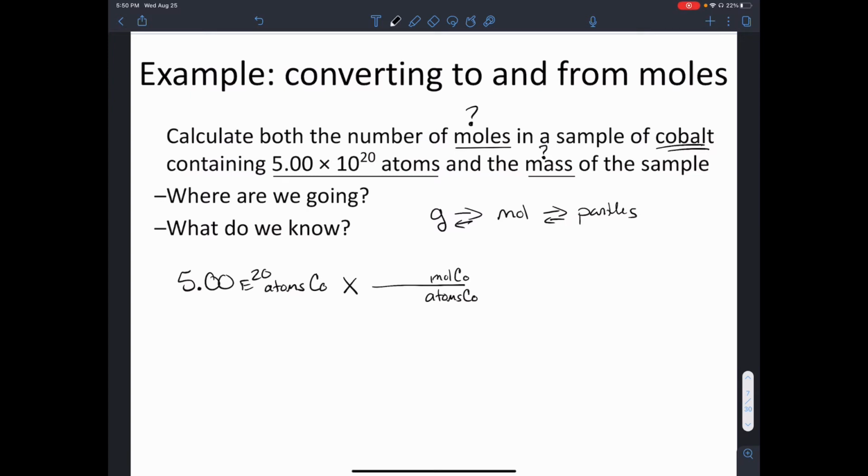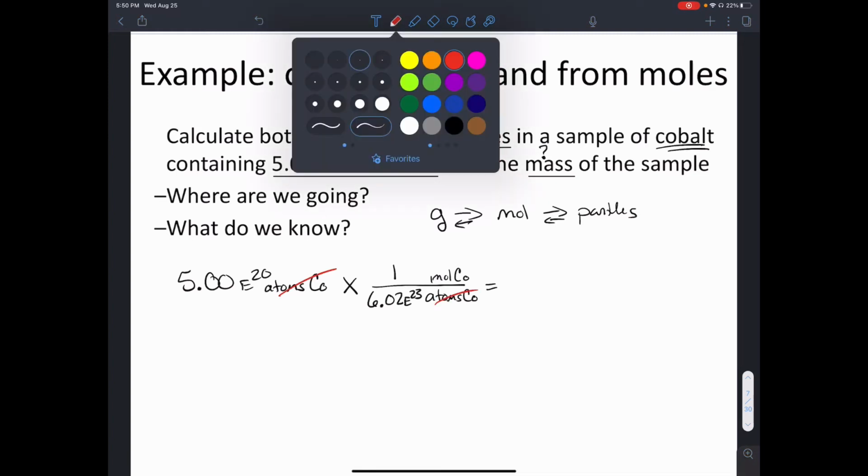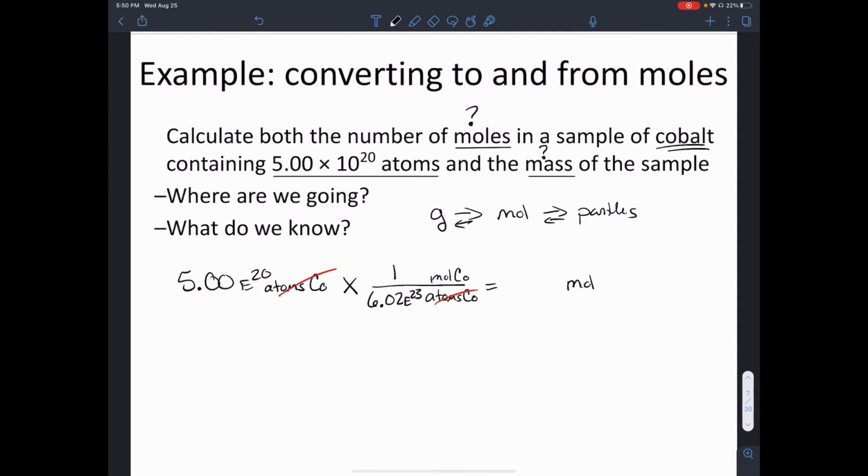So what is the conversion factor between moles and atoms? Well, a mole is a grouping, so 1 mole contains Avogadro's number of atoms, 6.022. You will have an equation sheet, so you'll know exactly which number to use. This set of calculations will yield the moles of cobalt.